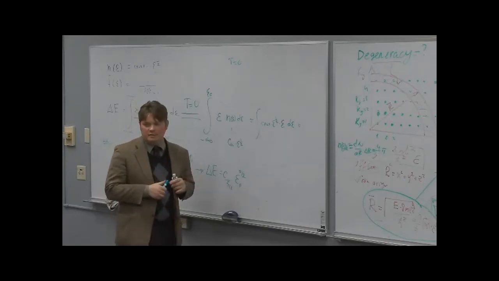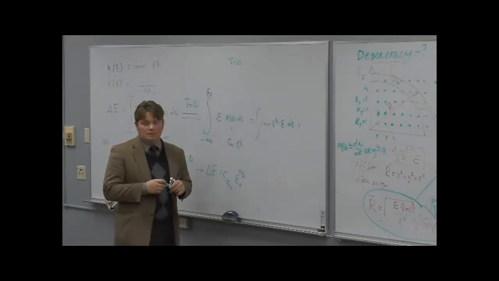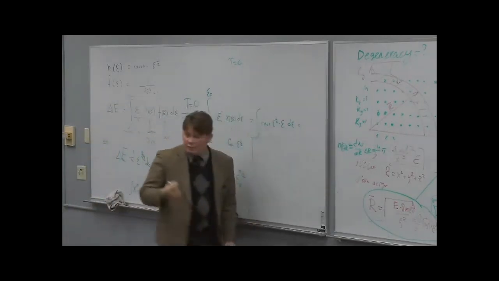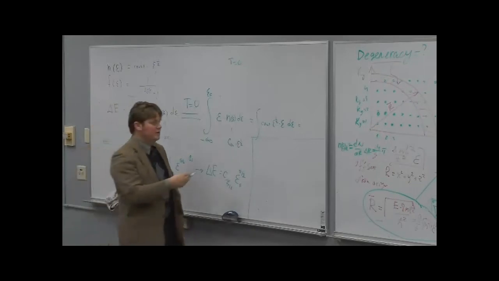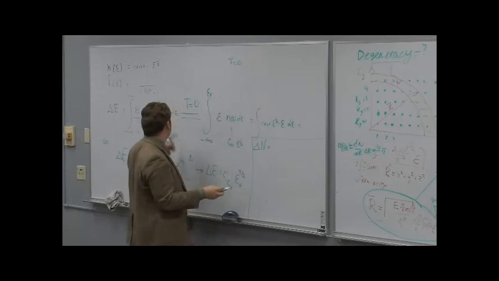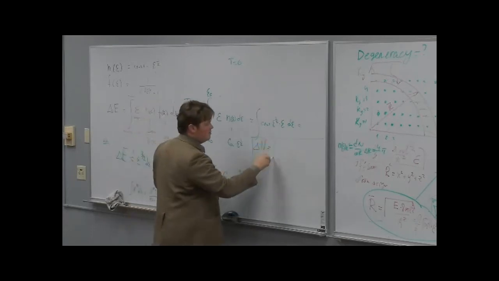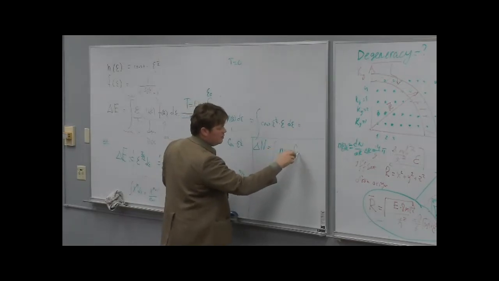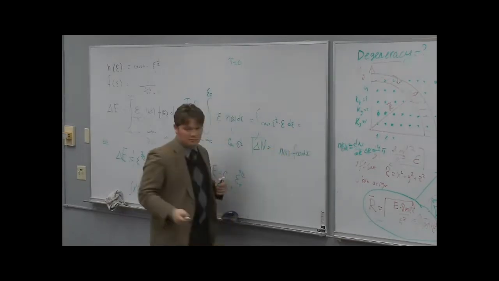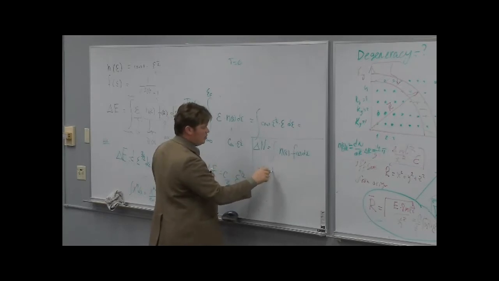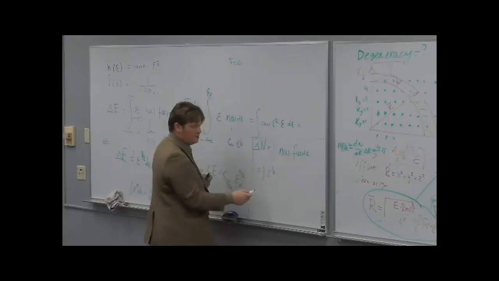Where is the density? Density is the number of electrons per volume. So the total number of electrons in the box will be the same equation, but without the energy. So the number is degeneracy times occupation. Degeneracy is E to the power 1/2, and occupation is either 0 or 1.